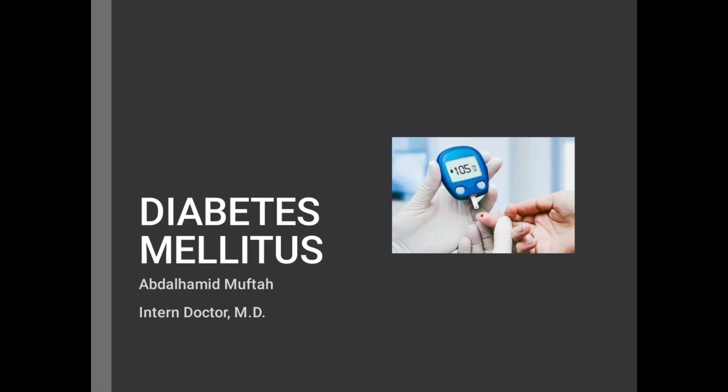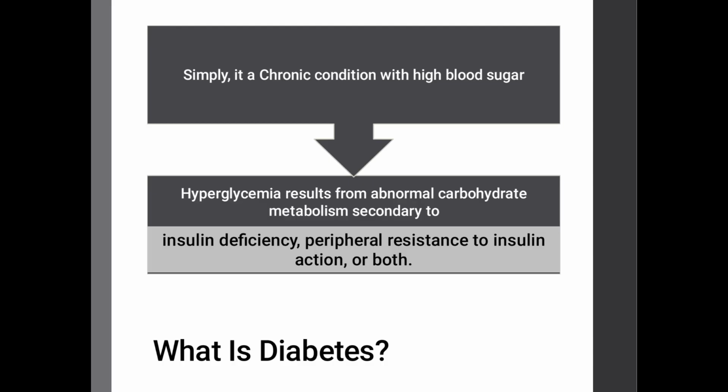Let's dive in. Whenever we bring diabetes to the table, we always think about a disorder which leads to hyperglycemia, and that is true, but not every hyperglycemia means diabetes. So we need to identify the cause of hyperglycemia before we diagnose a patient with diabetes.